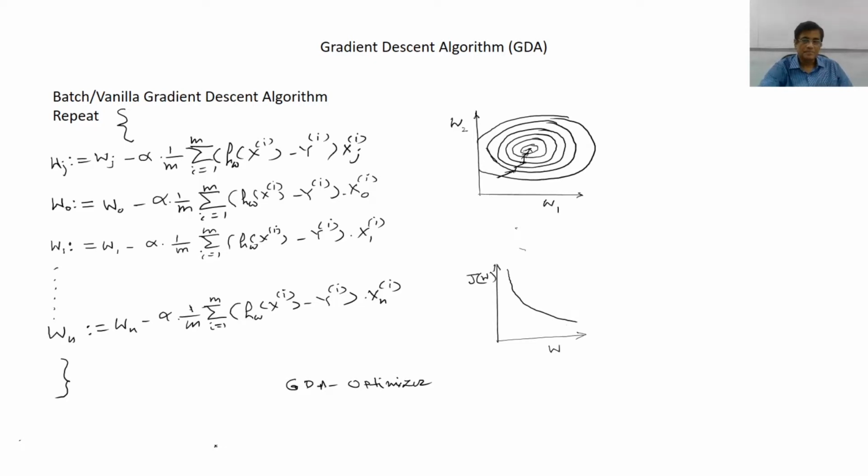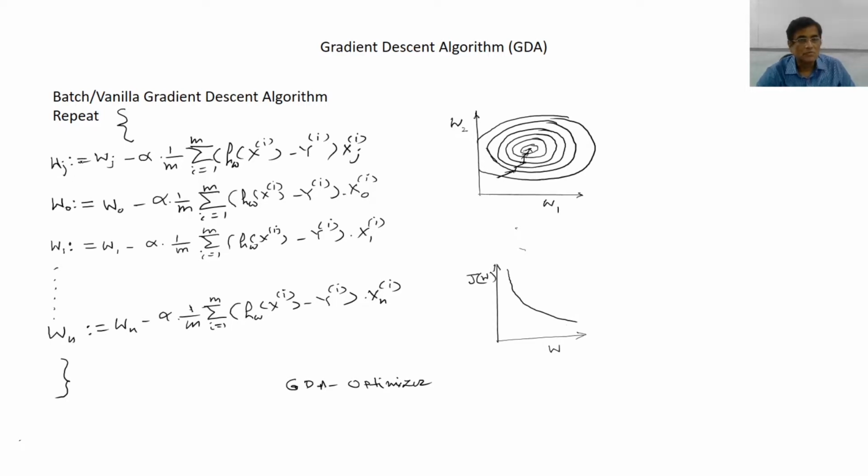First, we will discuss the batch gradient descent algorithm. Sometimes it is also called the vanilla gradient descent algorithm. The algorithm works like this. Wj is a parameter which is assigned with the xj feature.